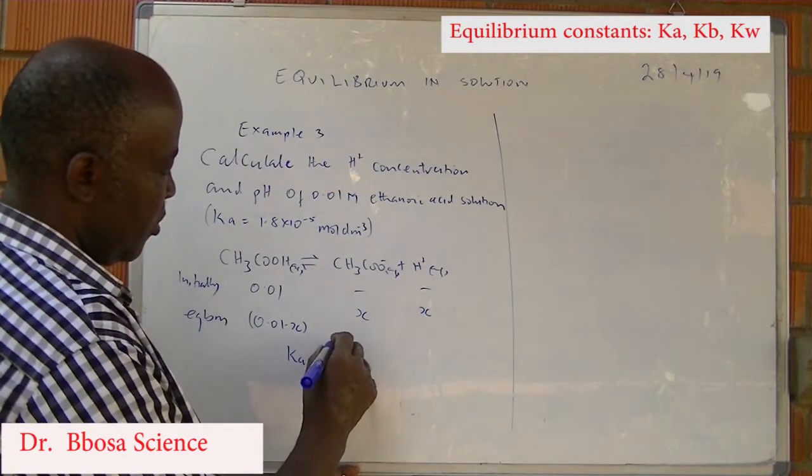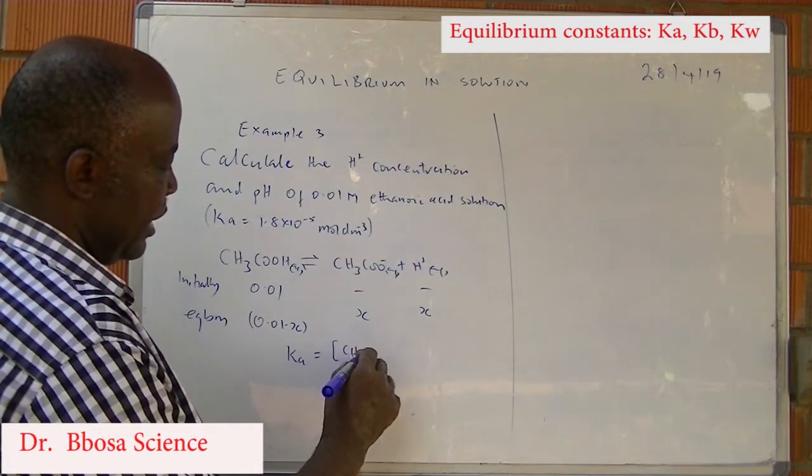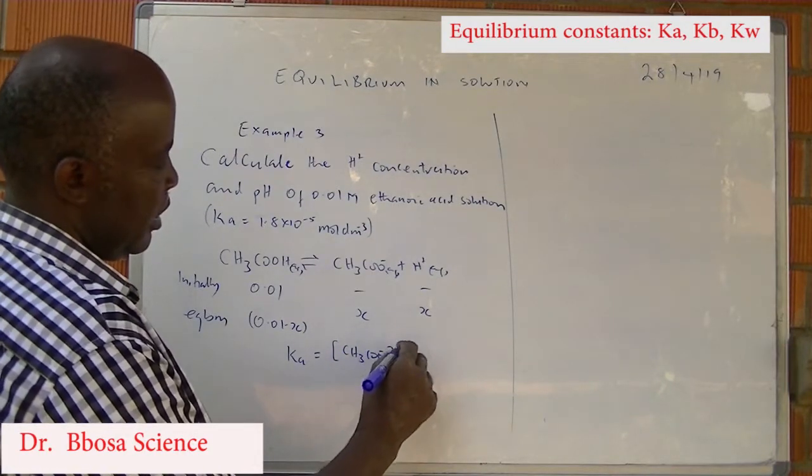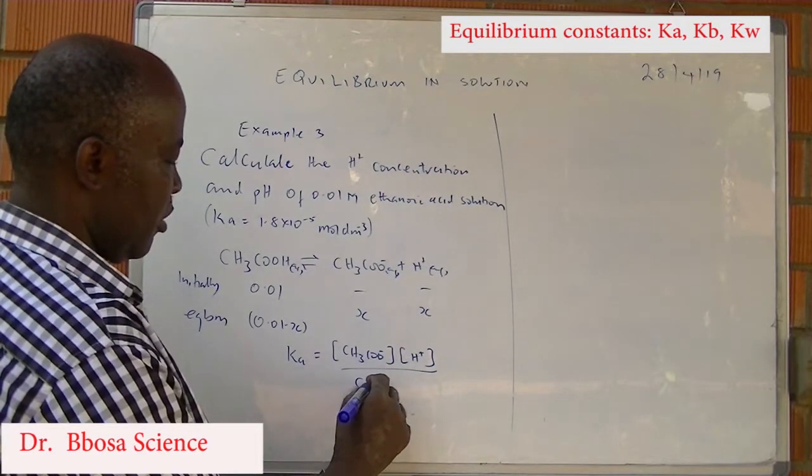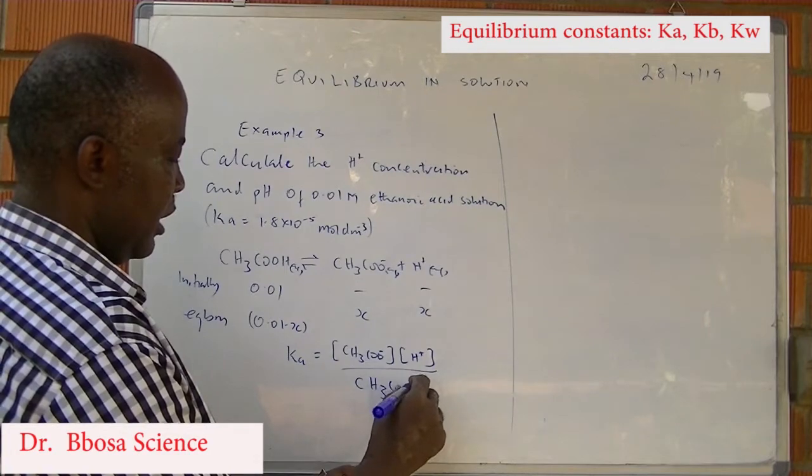Ka will be equal to the concentration of ethanoate ions times the concentration of hydrogen ions over the concentration of ethanoic acid.